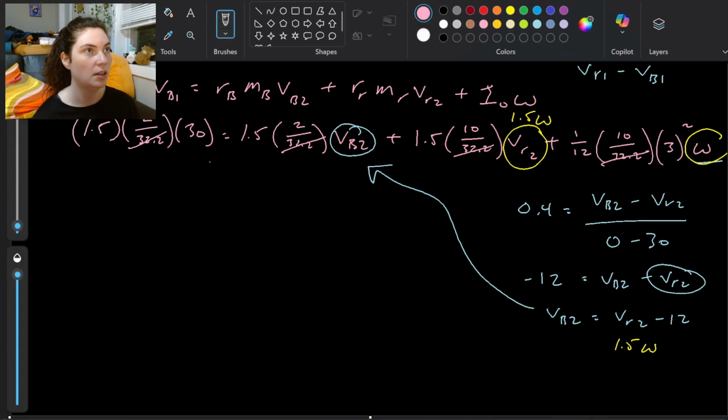And so then I'm going to simplify this. 1.5 times 2 times 30, that gives me 90. And then looking at my next one, I have 1.5 times 2 times VB2. That equals 1.5 times 2 is 3. And then we said VB2 becomes 1.5 omega minus 12. So that's going to get plugged in here.